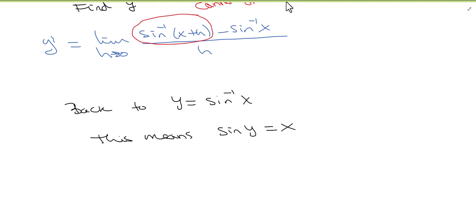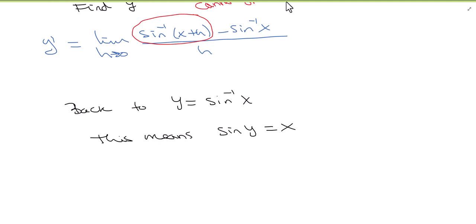Sine inverse of x equals y. One way you can think of it is take sine of both sides, right? So then you have sine of y equals sine of sine inverse, and those will cancel, giving you just x. Of course, that's assuming that everything is in the correct domain, but we'll do it informally. But this really means that y is the angle whose sine is x, using the definition of inverses.